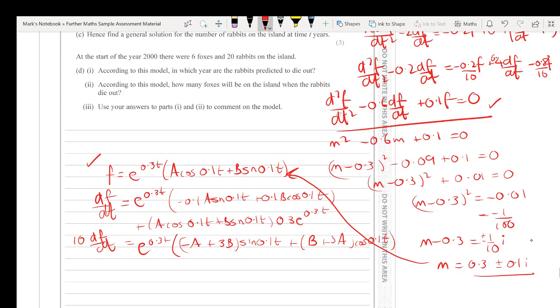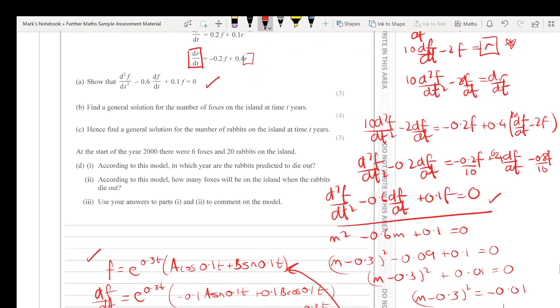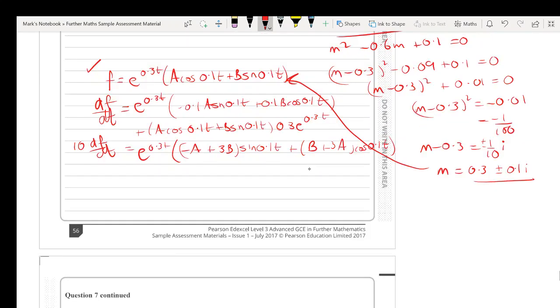But we had to take away 2f. So to get r, we now have to do this minus 2f. So we're taking away 2 lots of this. So we're taking away 2 of the a's from here and 2 of the b's from here. So we're taking away 2a from the cos 0.1t, and we're taking away 2 b's from the sine.